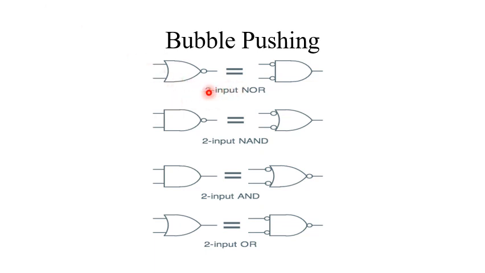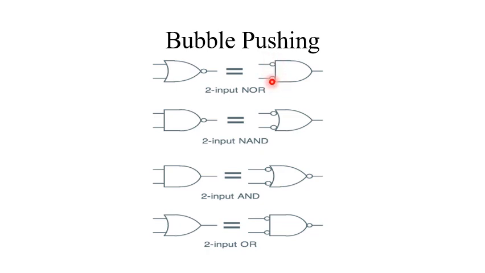Bubble pushing the OR gate: this is an OR gate, a two-input NOR gate is shown here. This two-input NOR gate is replaced by one AND gate. Since it is a NOR gate, the NOT operation is present. In bubble pushing, the NOT is no longer present at the output, and before that the input has two bubbles.